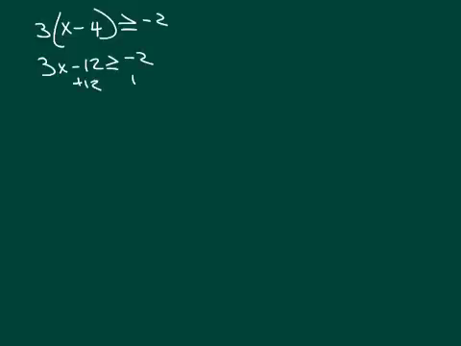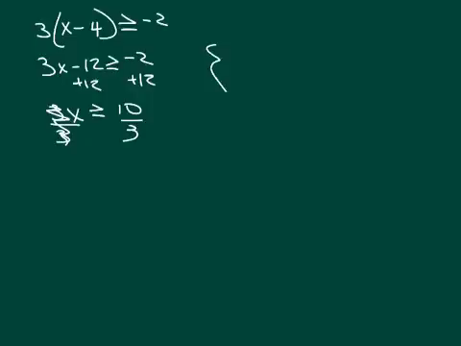Alright, example number 7. Example number 7 is 3 times x minus 4 is greater than or equal to negative 2. And we're just going to use our distributive property here. Add 12, add 12. 3x is greater than or equal to 10. So divide by 3, and x is greater than or equal to 10 over 3.